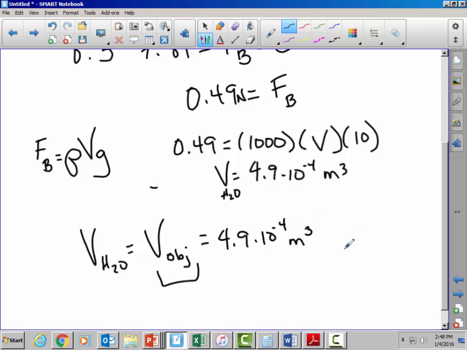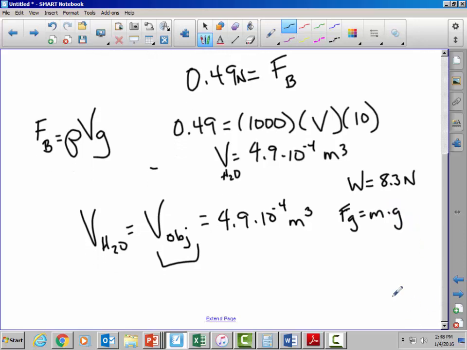So, we have the volume, we have the weight of the crown, and the weight of the crown was 8.3 newtons. If you guys don't remember, weight is force of gravity, and that is mass times the acceleration due to gravity. So acceleration due to gravity is roughly 10, which means the mass of our crown is 0.83 kilograms.